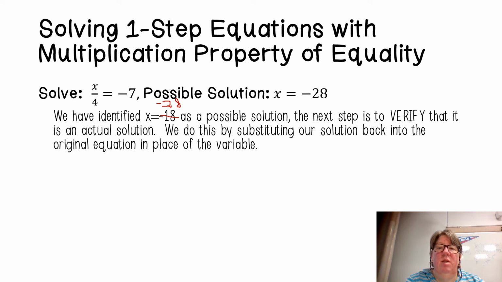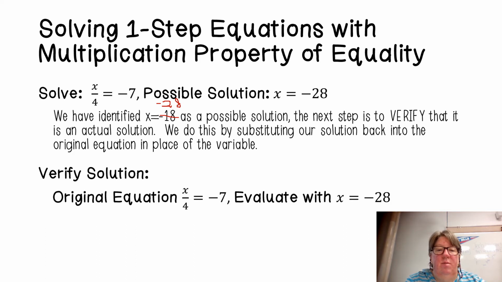We substitute -28 into the original equation for x. So we're going to evaluate the equation with x equal to -28. We take that -28 and put it where the x is. So we have -28 divided by 4 is equal to -7.